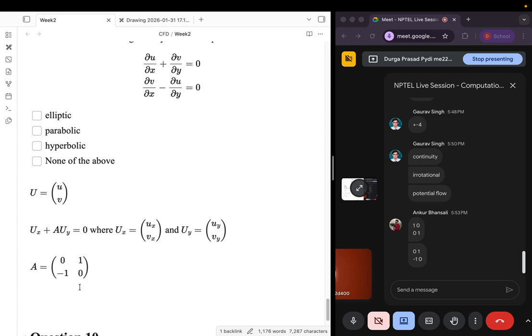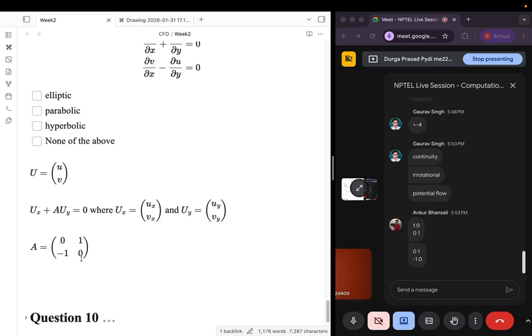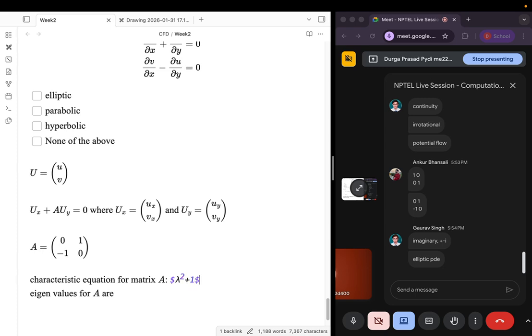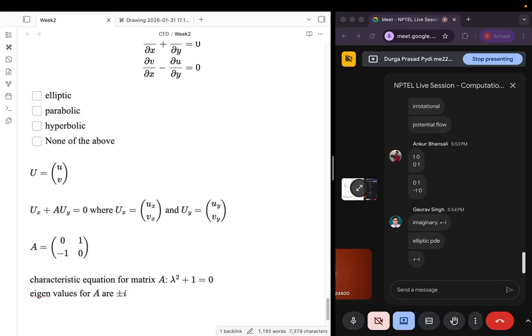So once I have this value, what are the eigenvalues for this matrix? If you were to write the characteristic equation for matrix A, it would be lambda square plus 1 equal to 0, and that will give you plus or minus i, which are imaginary.